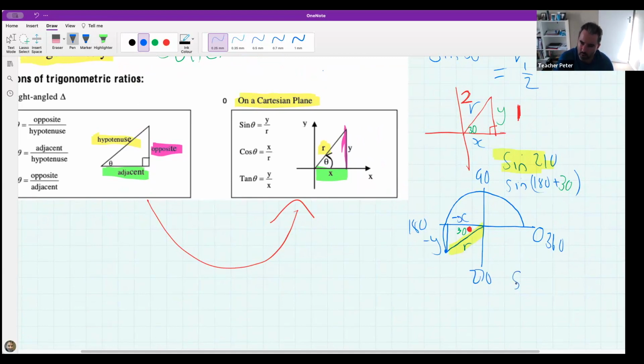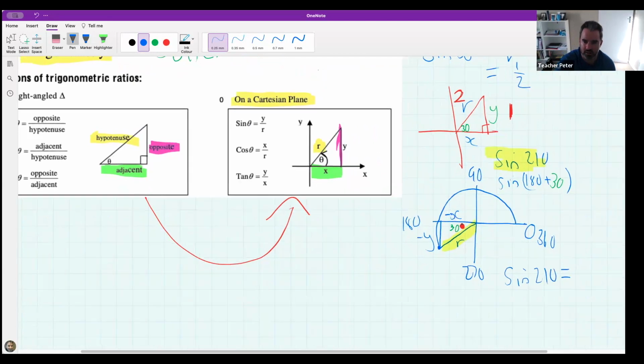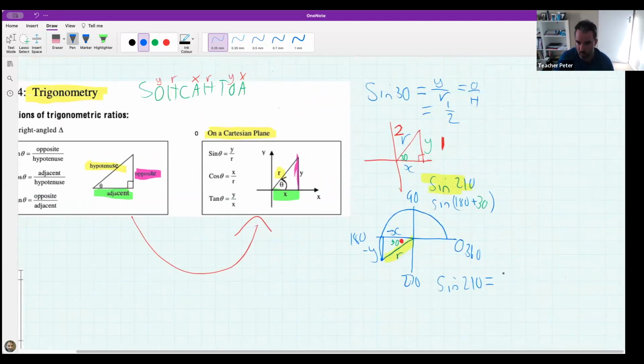Now let's try and work out what the sine of 210 is. Remember what we said earlier on, sine is just y over r. But in this case, the sine of 210 is going to be minus y over r because of its position. Now type into your calculator the sine of 210, and what do you end up getting?